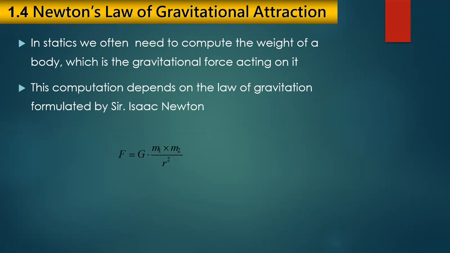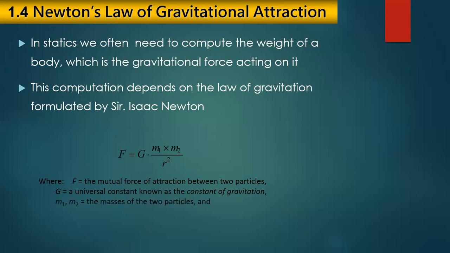So this is the formula I was talking about, where F is the mutual force of attraction between two particles, G is the universal constant, known as the constant of gravitation, M1 and M2 are the masses of the two particles, and R is the distance between the centers of the particles.